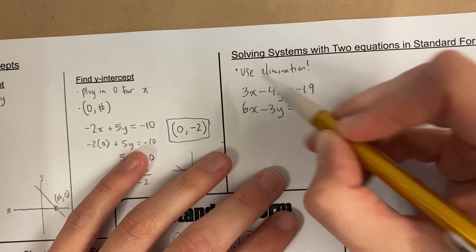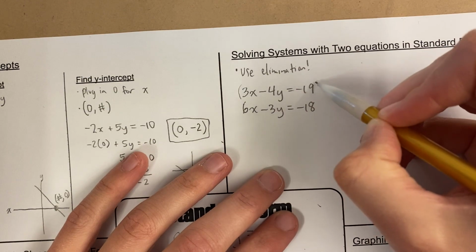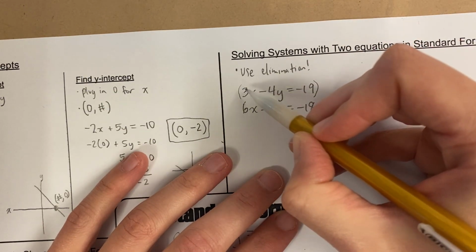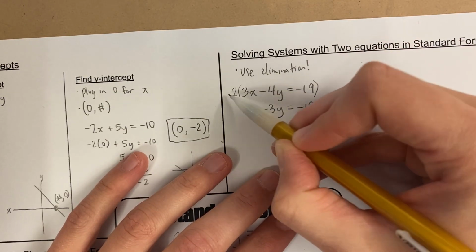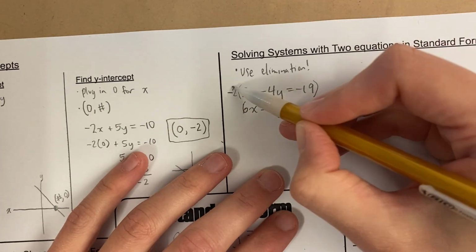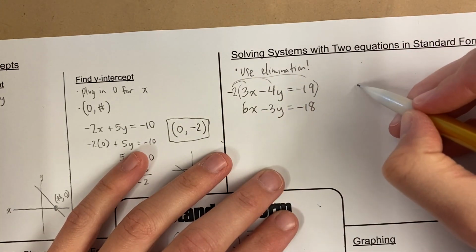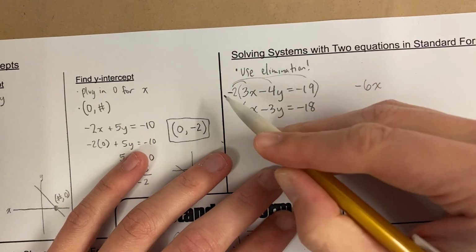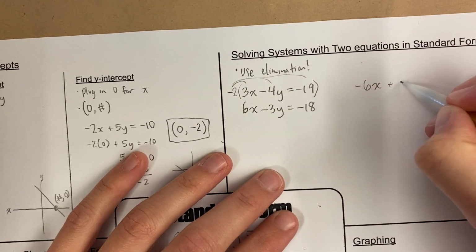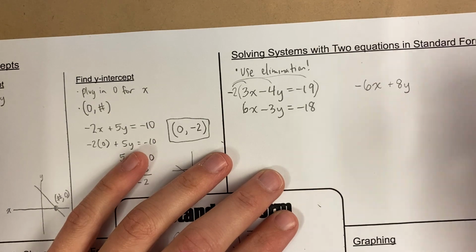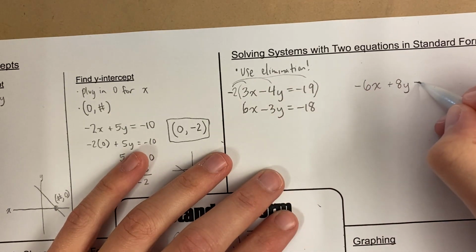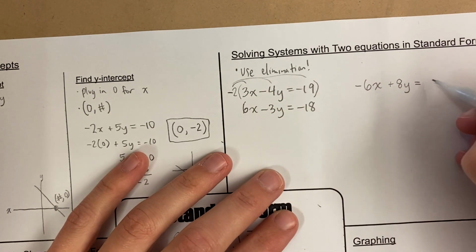That's my wish. So I realized I can make it a -6, because 3 times 2 is 6, and if I want it to be a -6, I'm going to have to multiply it by -2. So I'm going to multiply this whole equation. -2 times 3x is -6x. -2 times -4 is +8y. And -2 times -19 is, negative times negative is positive, and 2 times 19 is 38.